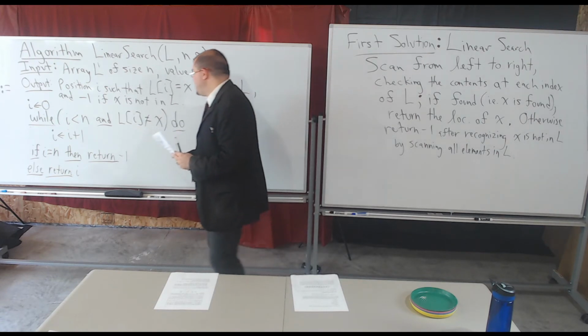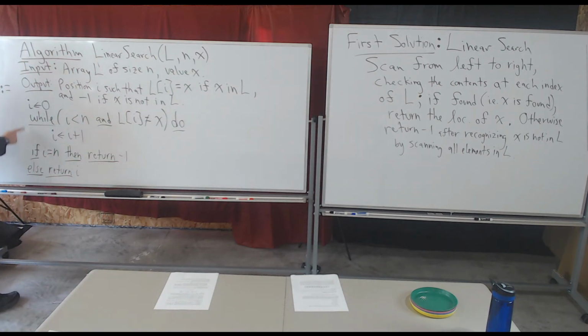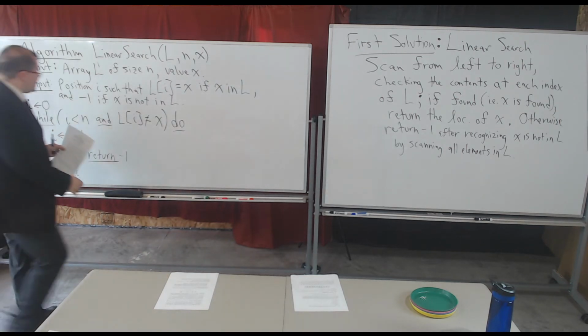Not n, though. So I have my while loop. After this finishes, it's going to iterate around until it violates one of these two conditions. If I is equal to n, meaning I scanned all the way from left to right, such that n is now equal to I, then I return -1, meaning I didn't find it. Otherwise, I return the position, right? So this is linear search.